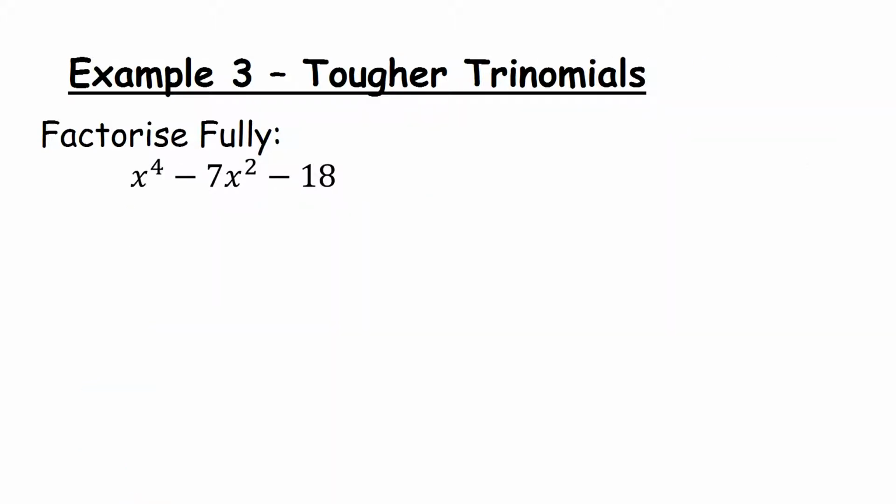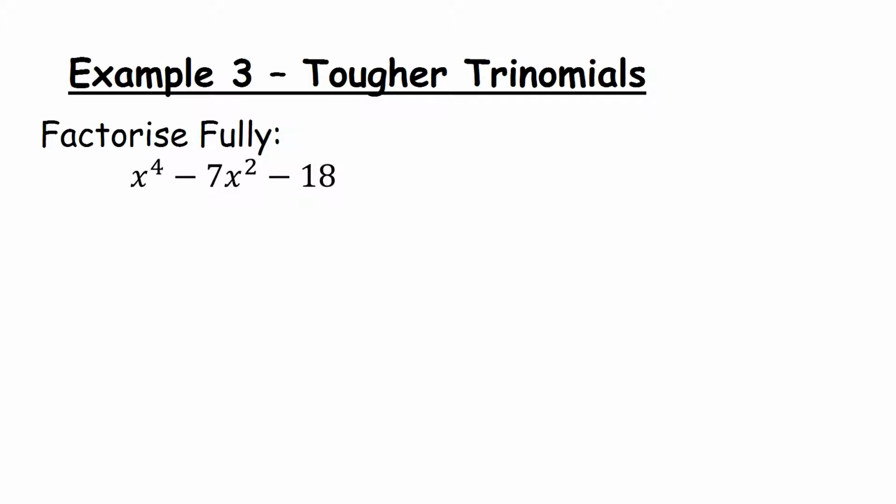So I want to just go through a tougher trinomial here, and I suppose it is really important that you are able to deal with questions like this, because again, at higher level, this is the type of question you are more likely to see.